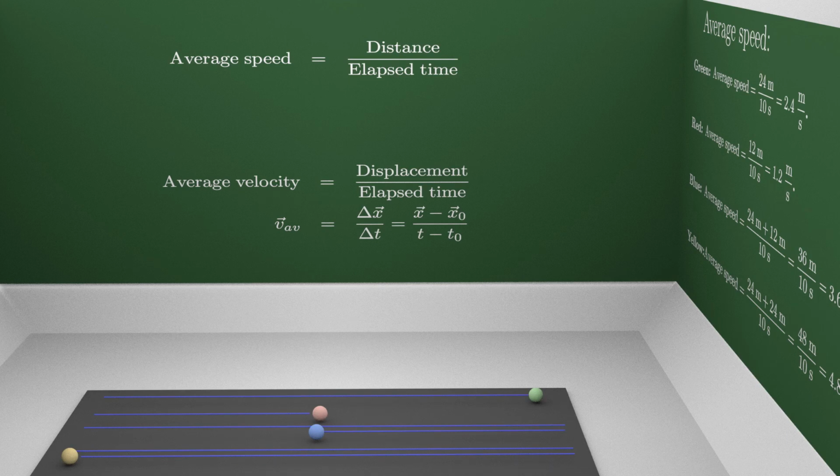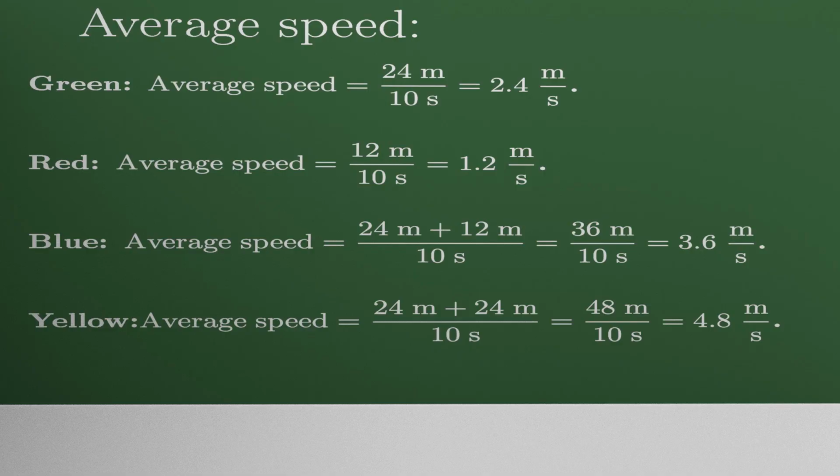Unlike displacement, distance is not a vector. Let's look at the distance for these 4 particles. According to what we see, the green particle has an average speed of 2.4 meters per second. The red particle has an average speed equal to 1.2 meters per second.